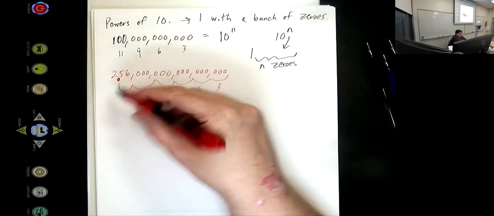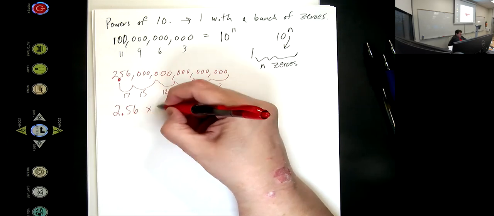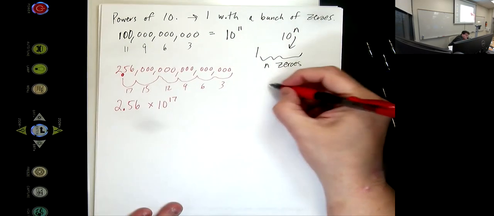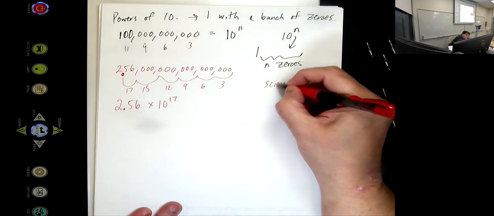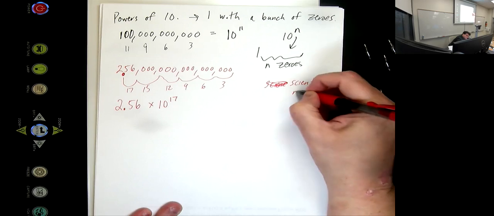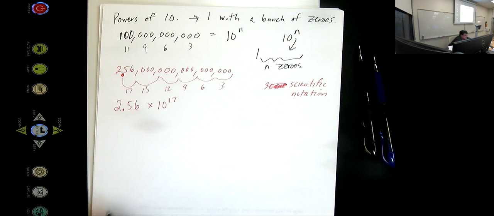This number right here can be written as 2.56 times 10 to the 17th power. So this is called scientific notation. And because it shows up in science a lot, there's a shitload of cells, atoms, electrons, shit like that.